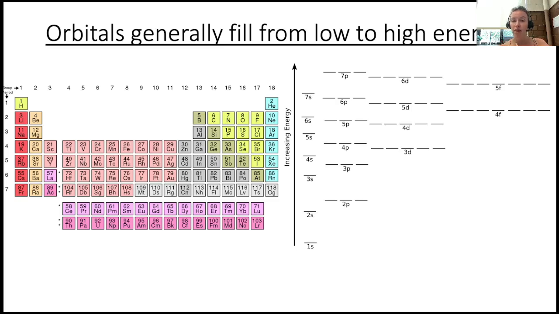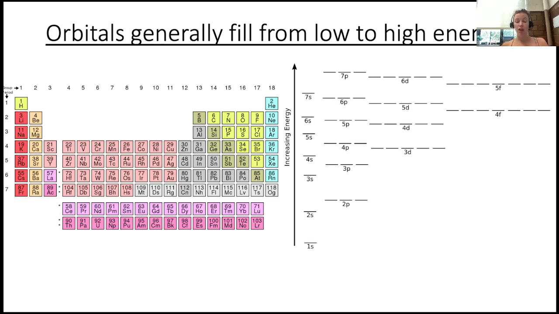And the rule of thumb is that electrons fill starting at the lowest energy one, then go to the next highest energy, then the next highest energy, etc. And this generally aligns with the shape of the periodic table, which we'll get into in a moment.